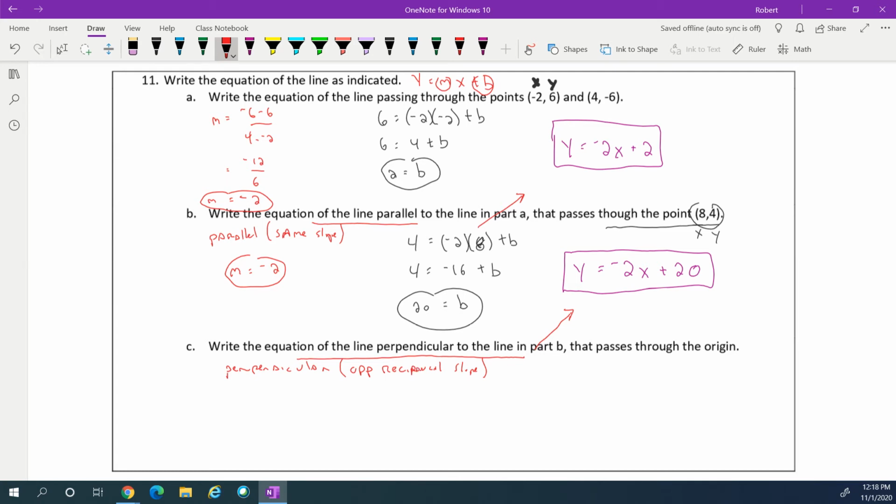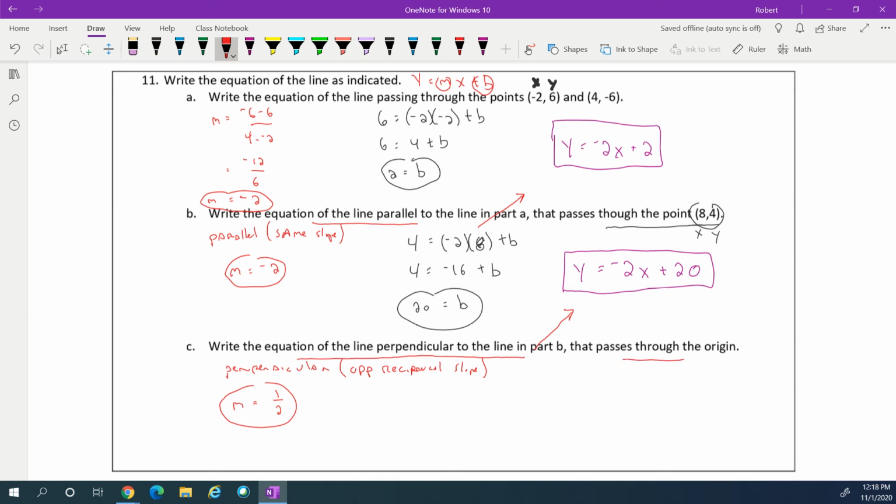So if the slope was negative 2, our slope is going to be positive 1/2. We want opposite reciprocal to that other line. So its slope was negative 2. We want to be perpendicular, so we're going to use positive 1/2.